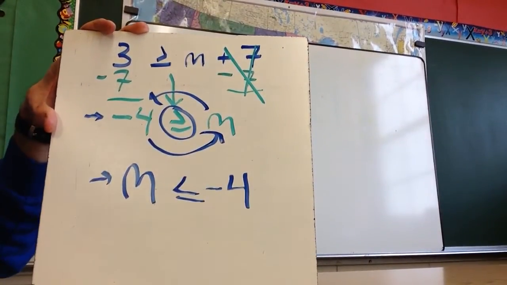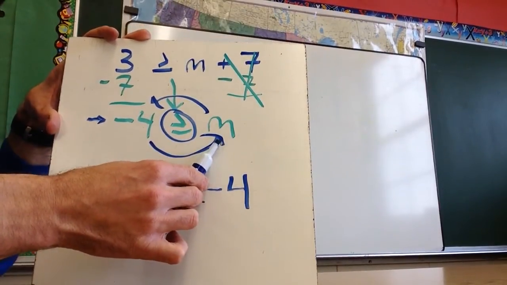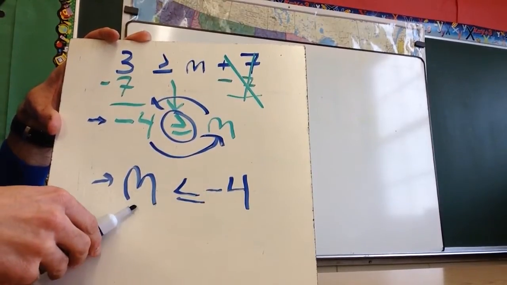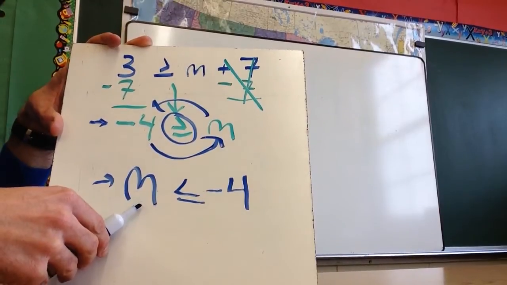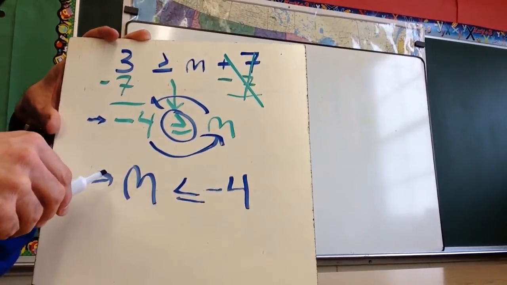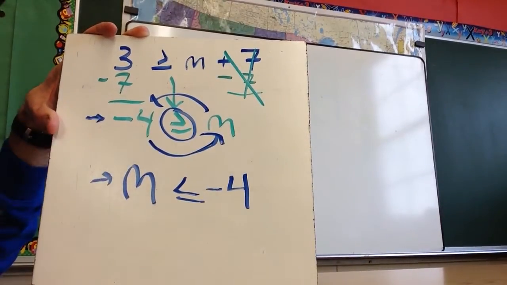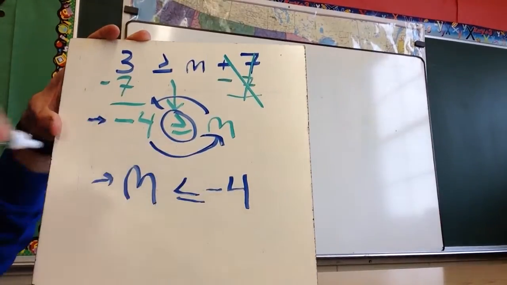So numbers like negative 5, negative 6, negative 7 would work, whereas numbers like 1, 2, 3 would not. When I flip it, I want to make sure that's still the case. Does negative 5, negative 6, negative 7 still work here? Or did I make a mistake and suddenly change the value or the meaning of the inequality? And in this particular case, because we flipped the numbers and flipped the sign, this still says the same thing.